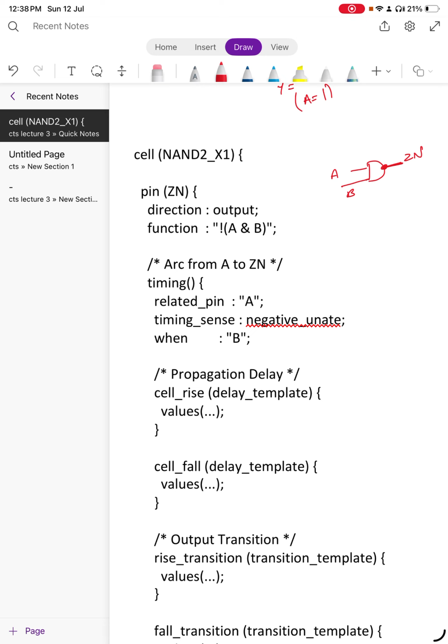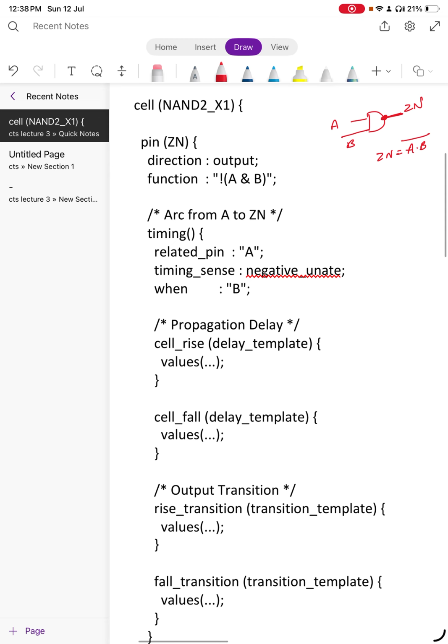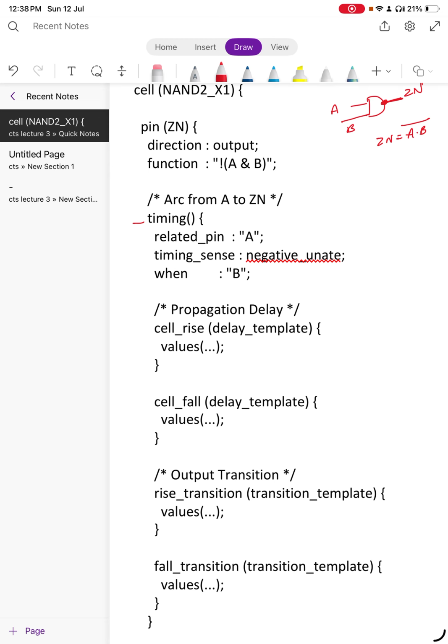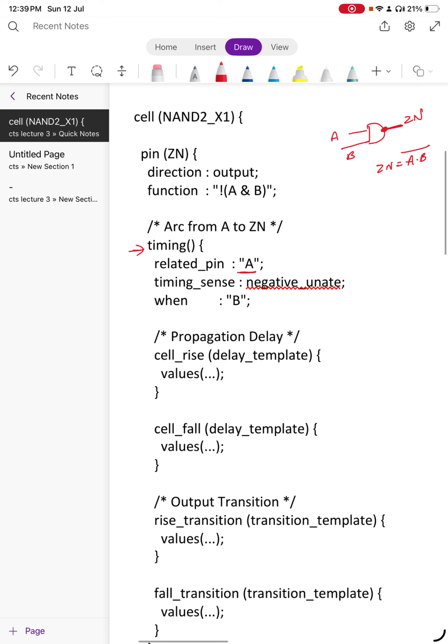So Zn is equal to A dot B bar. Okay. So we go to the timing section, and here if the related pin is A, we are talking about the A pin, when B is equal to 1.